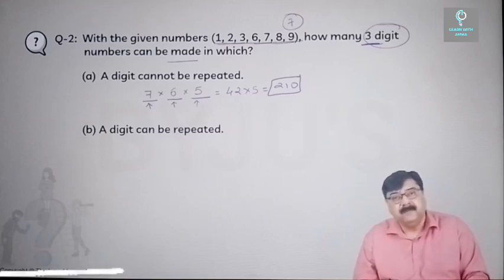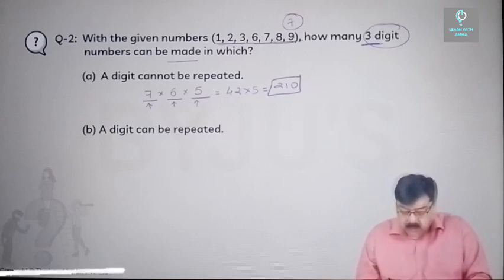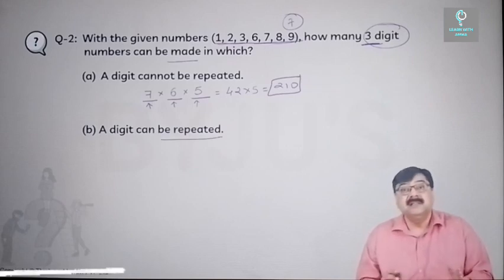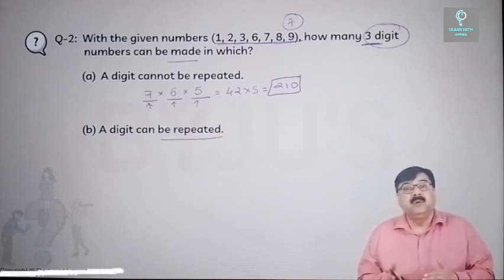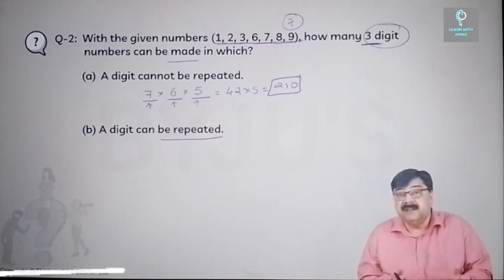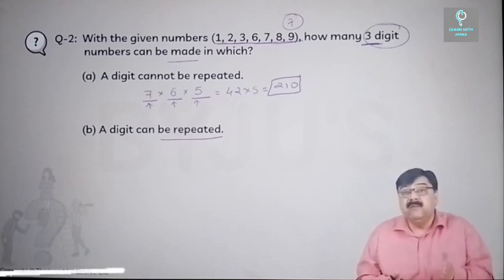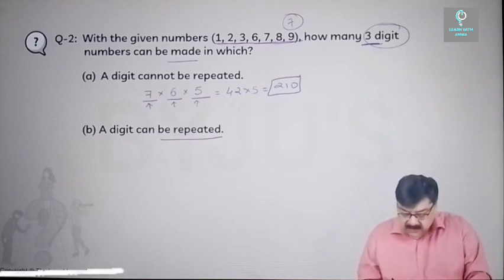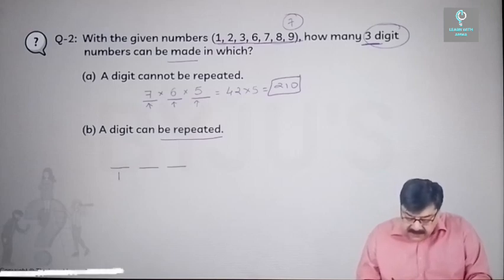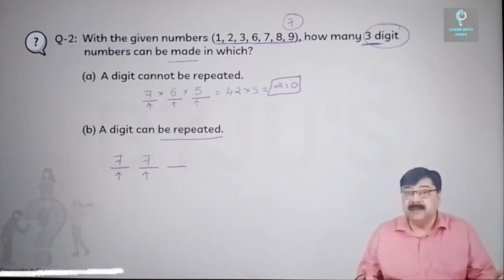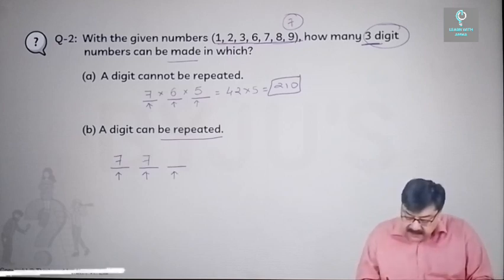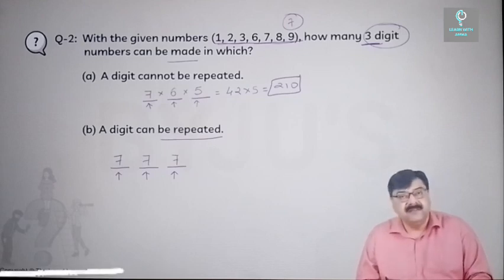6, 7, 8, 9. But if you would have been allowed to repeat a digit, that is to include 111, 222, 333, 666, 777, or 112, where 1 is getting repeated twice. So in such a case, to fill up the first place, you have 7 options. To fill up the second place, you again have 7 options because the digit can be repeated. And similarly, to fill up the last place, you again have 7 options.